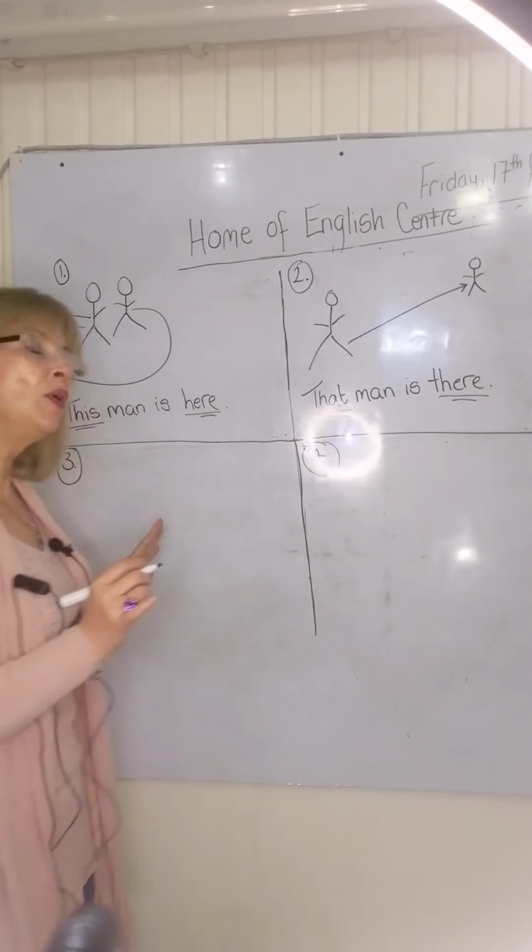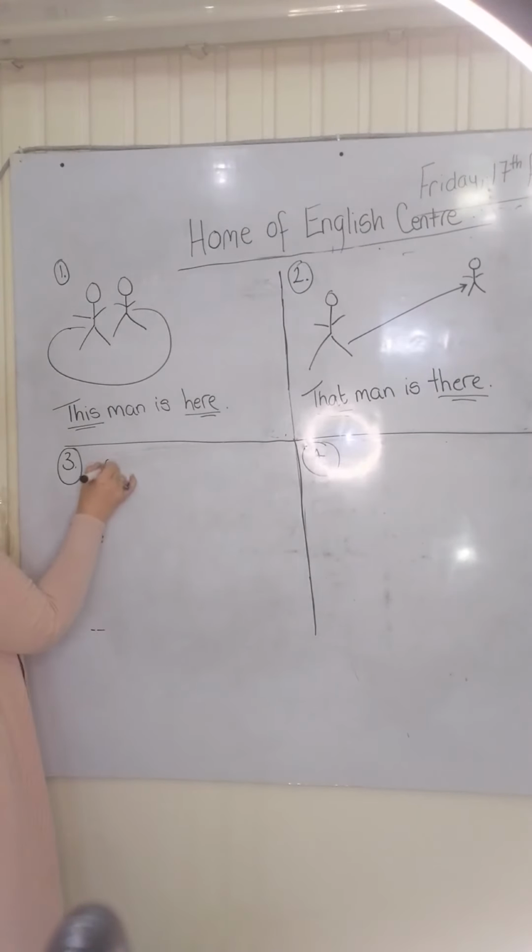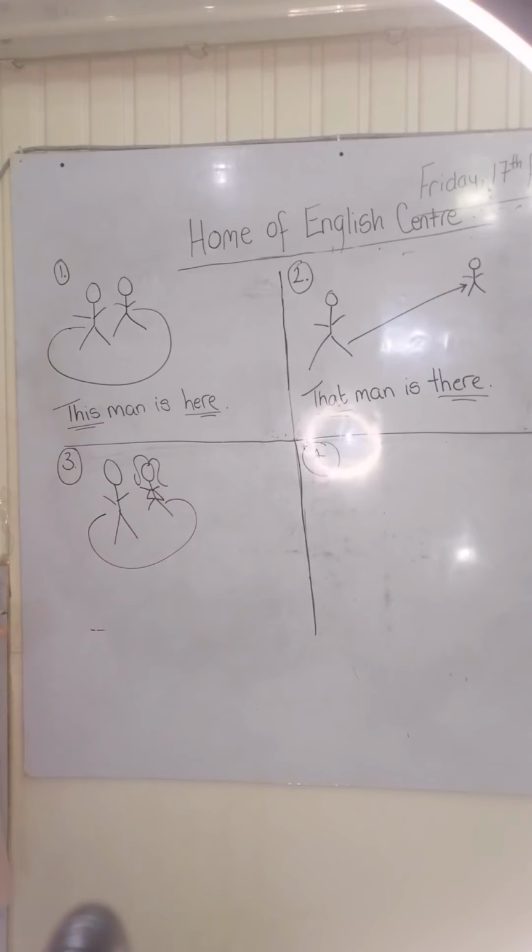So same word, we have John, here he is. And we have his friend. So, are they together? Yes, they are.